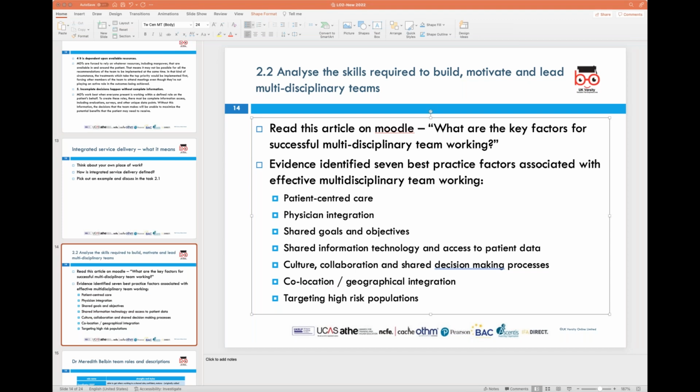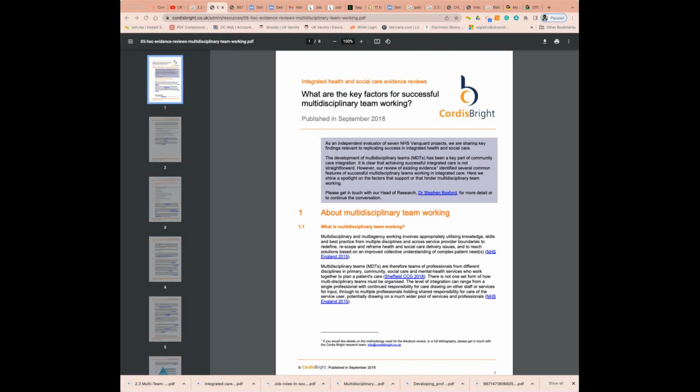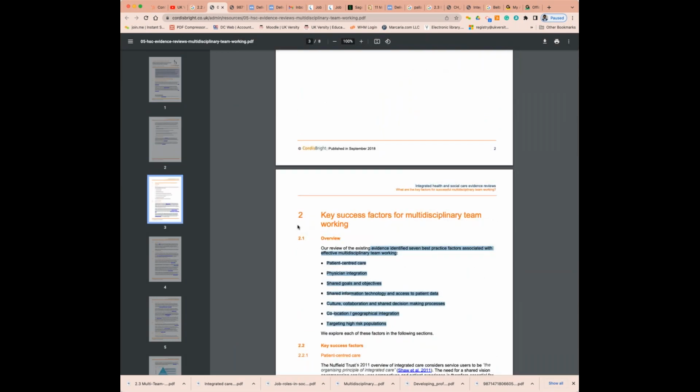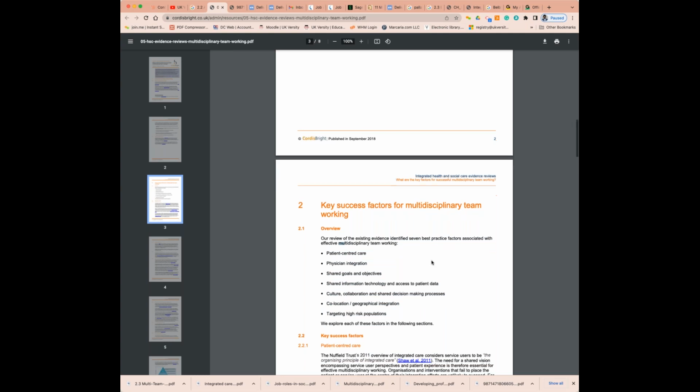Let me just quickly show you what article I'm referring to. As you will see, this is something that you'll recognize, as we used it in the first learning outcome. This article talks about multidisciplinary teams and the skills and factors which are essential for the MDT to be successful.